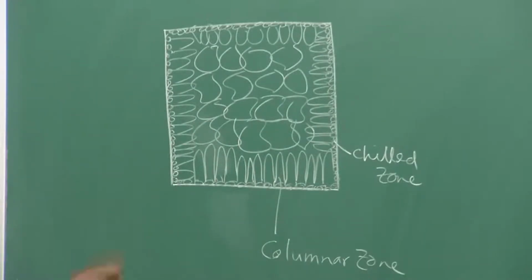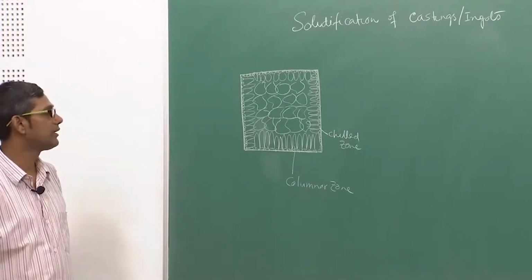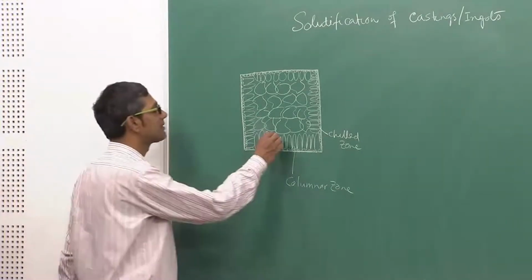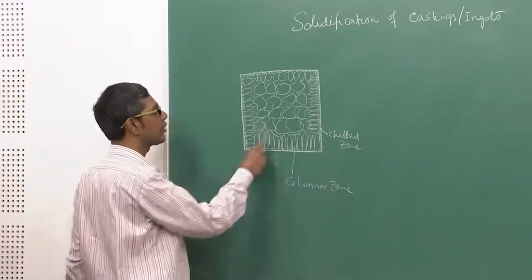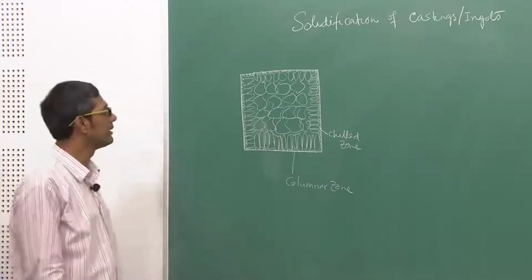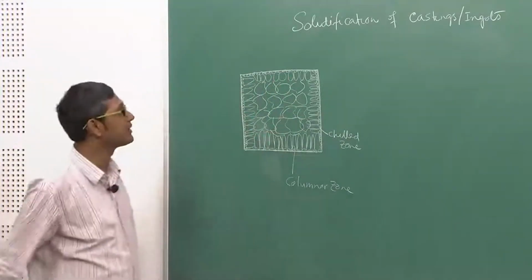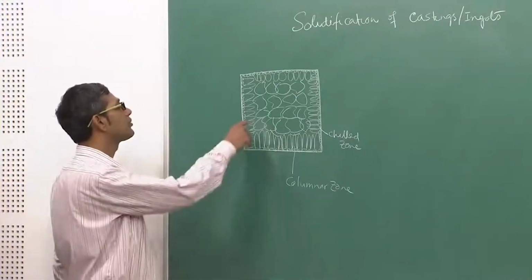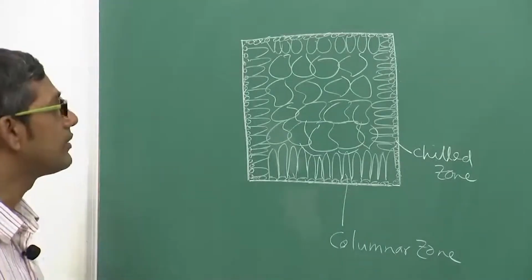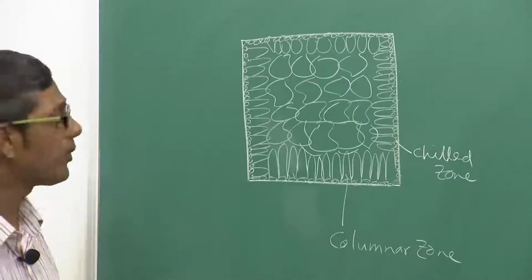Correct. Why? Because they require very large undercooling in the liquid. As the liquid solidifies, a lot of solute will be rejected into the liquid. Because of this rejection, the constitutional undercooling present in the central part of the ingot will be very large, and this constitutional undercooling will allow the equiaxed grains to grow. They do not have any problem with nucleation.